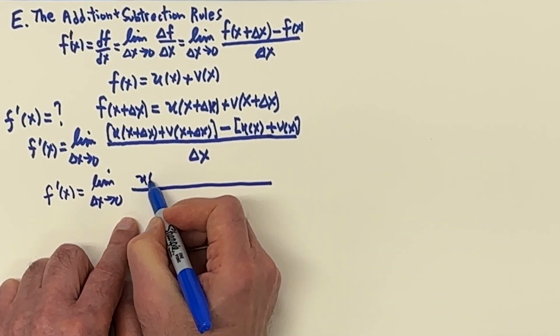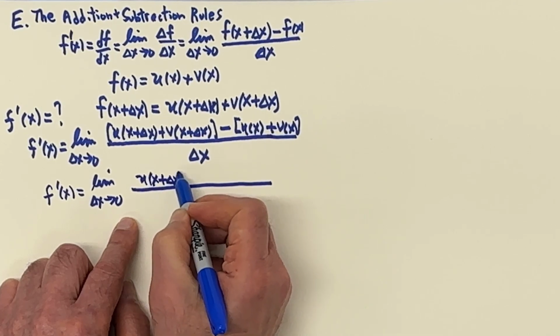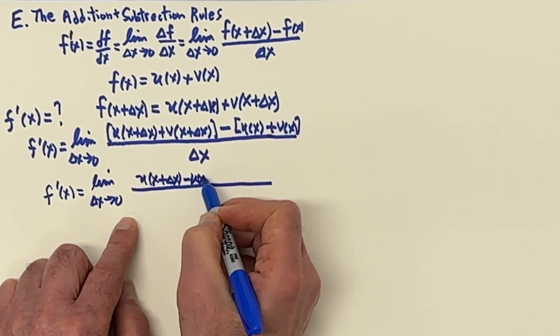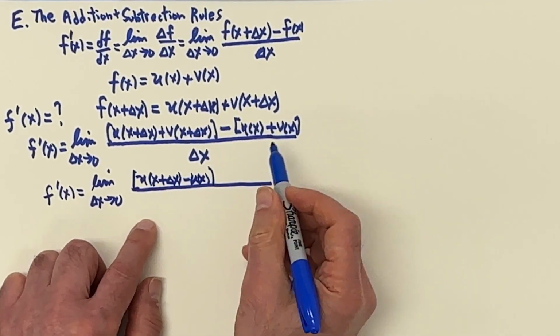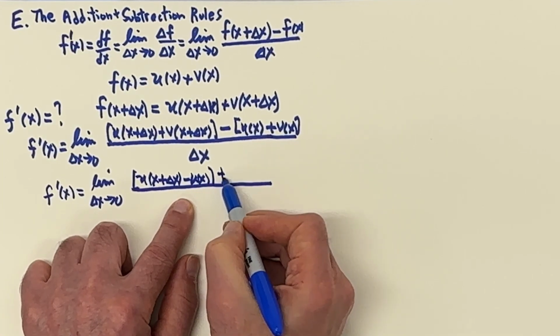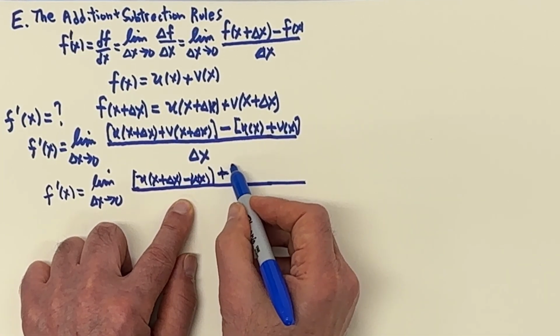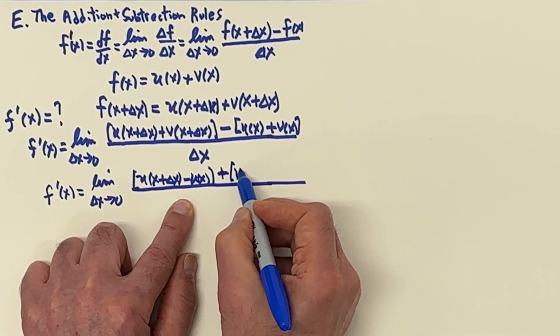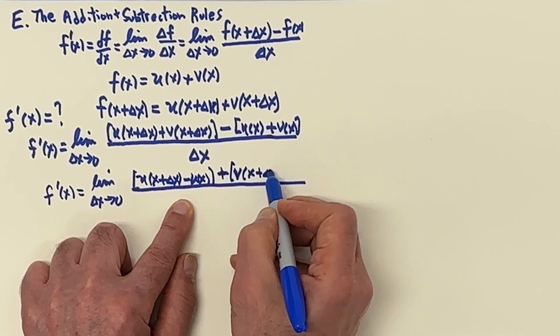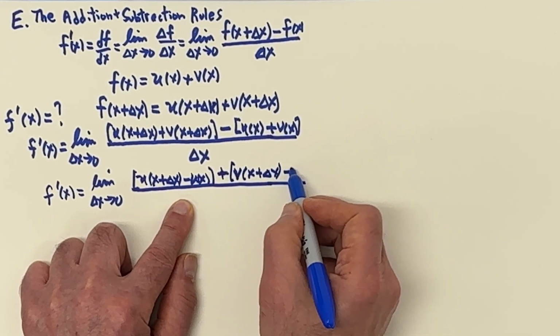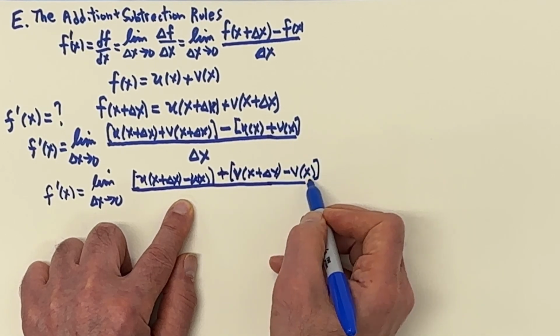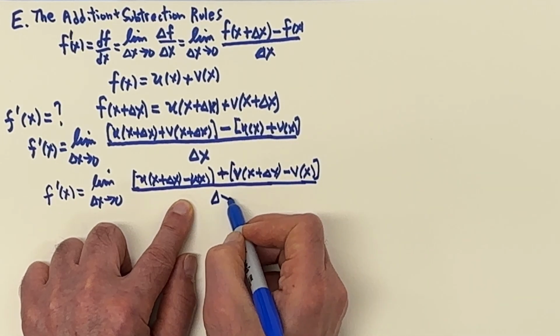So I have u of x plus delta x minus u of x. And then I'm going to add that to the grouping with the v. So that would be v of x plus delta x minus v of x, divided by delta x.